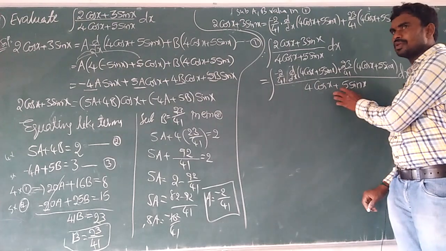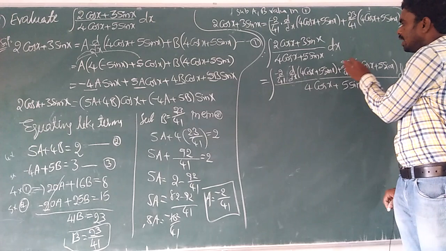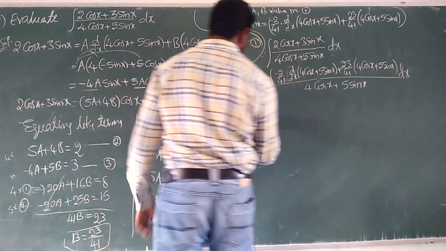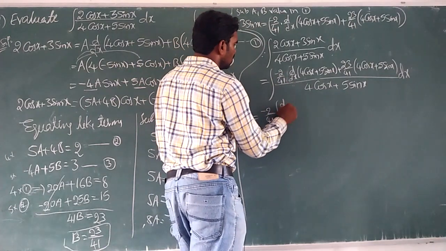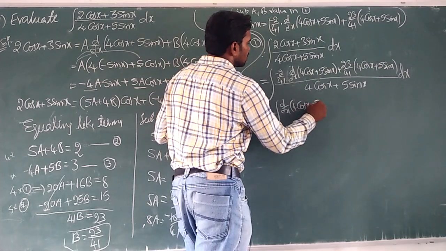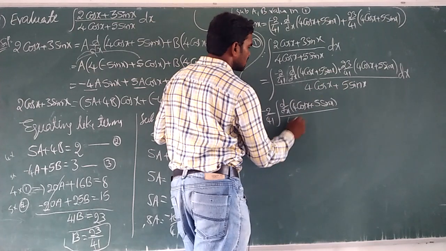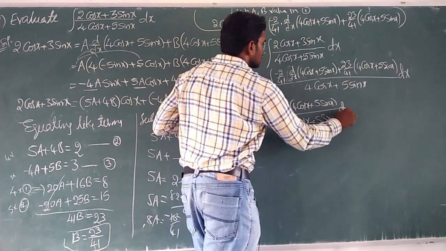Now write the denominator under the first numerator term and the second numerator term, and the coefficients can be written outside. So the coefficient minus 2 by 41 goes outside: integration of the derivative of 4 cos x plus 5 sin x by 4 cos x plus 5 sin x dx, plus the constant term 23 by 41 outside, into integration of 4 cos x plus 5 sin x by 4 cos x plus 5 sin x dx.